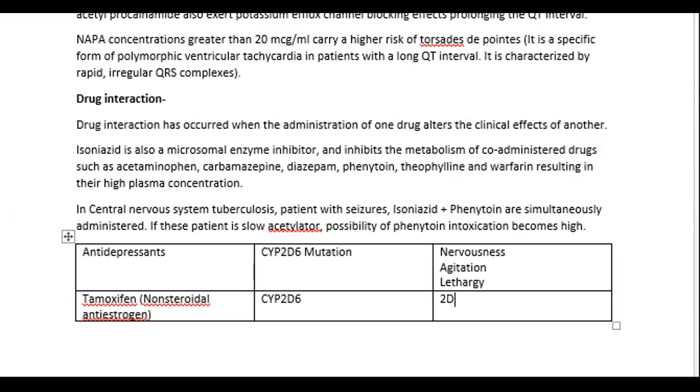This 2D6 converts tamoxifen, which is a prodrug, to endoxifen, which is an active form.